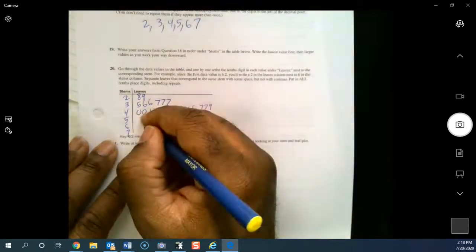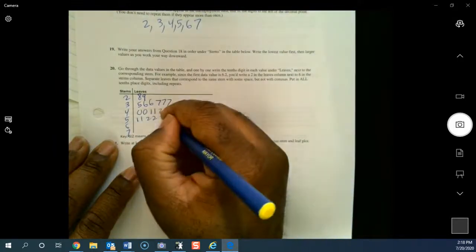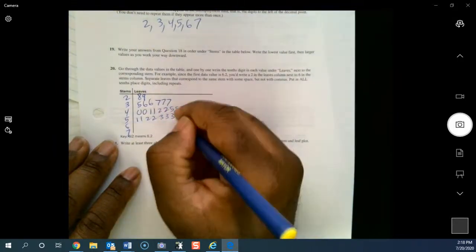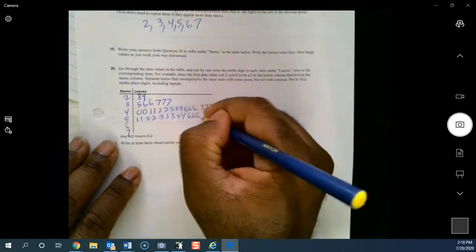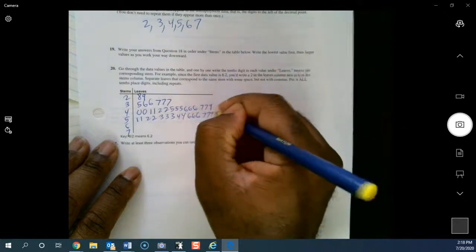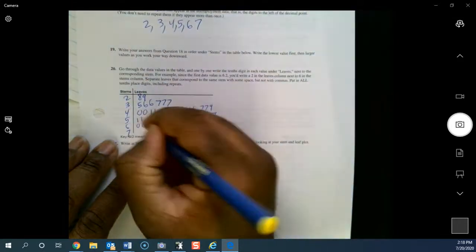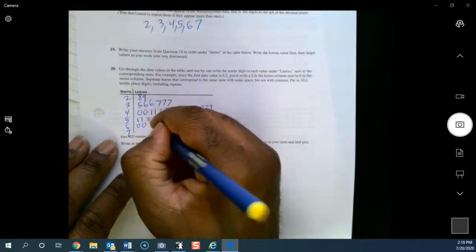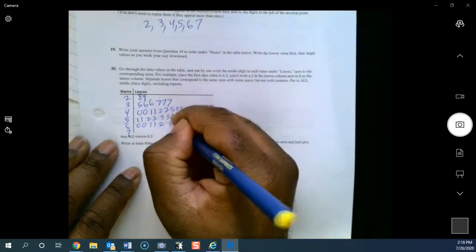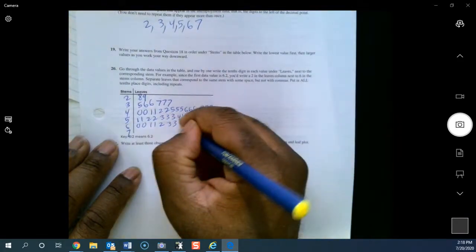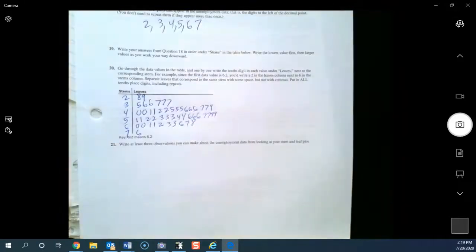The 5, you add 2 1s, 2 2s, 3 3s, 2 4s, 3 6s, 2 7s, and 2 9s. 6, we add 2 zeros, 2 1s, a 2, 2 3s, 6, 7, and 8. And then finally 7, you have a 6 here.